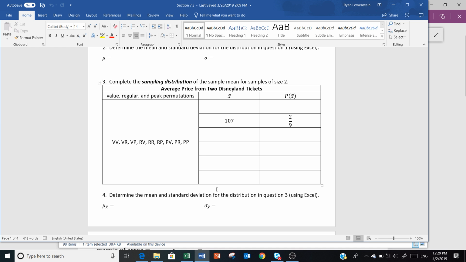Is sigma of all the means? Yes, that's just a different thing for it. They're not the same thing. Sigma is the standard deviation of the sample means. Why is it called a sampling distribution if it's a population?